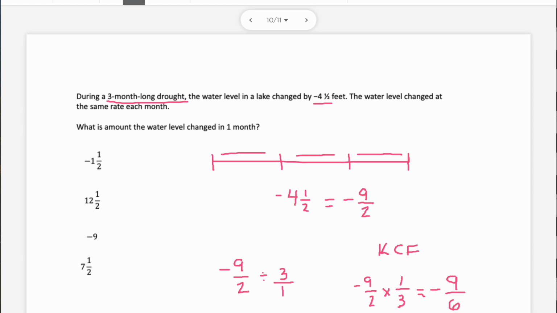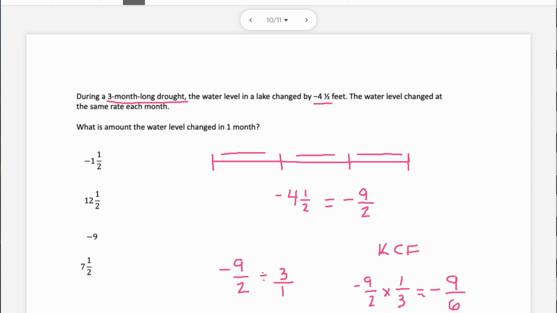Okay, that is not being nice to me. We have 3 left over, so I'm just going to write it right here. That's our remainder. So our whole number is -1, and our fraction is 3. We got that because that was the remainder. And then we keep the same bottom number, which is 6.